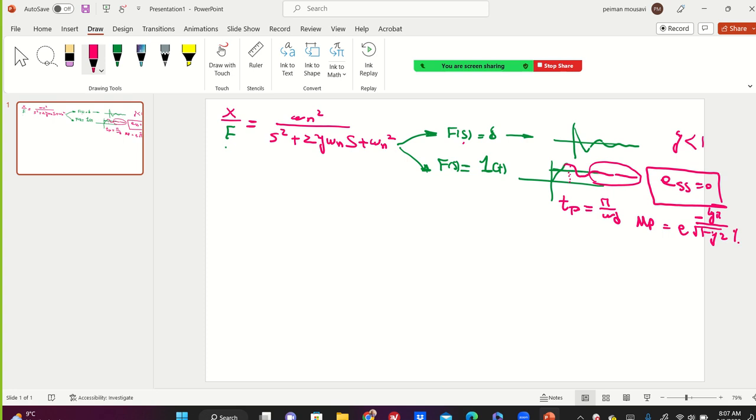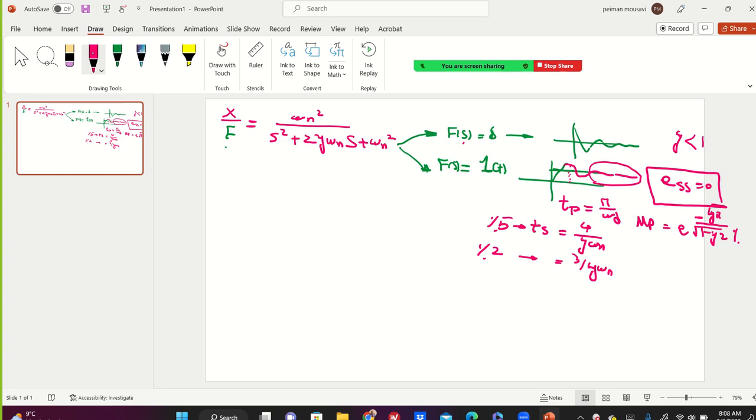We derived it mathematically together. You have it in your notes. And the settling time for the 5% criteria we got as 4 over zeta omega n, and for the 2% criteria was 3 over zeta omega n. Do you remember that in the previous class?